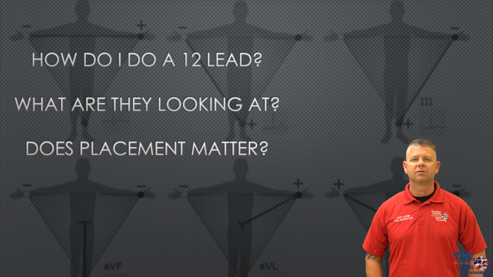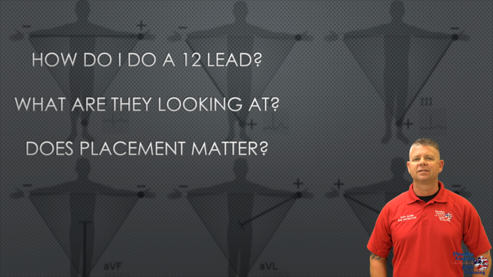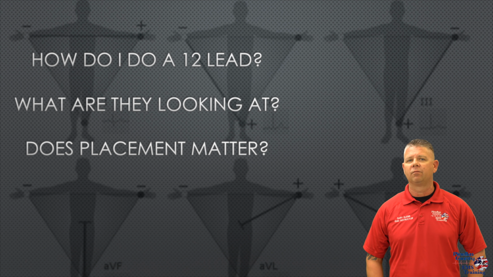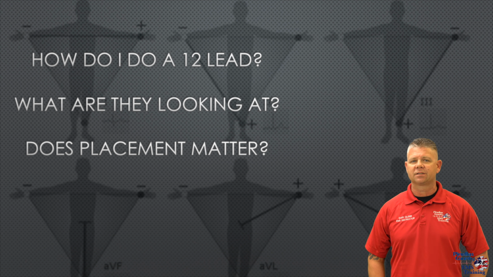Impulses move from the associated positive leads to the center terminal. So in other words, they're moving from the right arm to the center of the heart, the left arm to the center of the heart, or from the foot or the left limb lead to the center of the heart. These give you multiple views or different views of the heart from different angles with the 4 limb leads. These are going to be your AVR, your AVL, and your AVF leads.